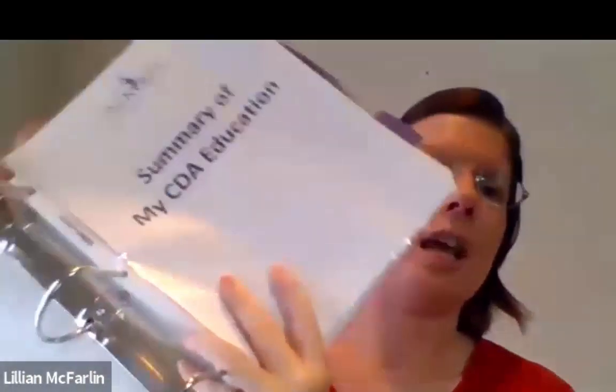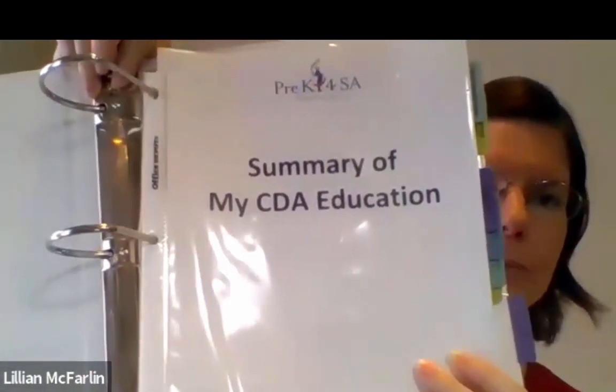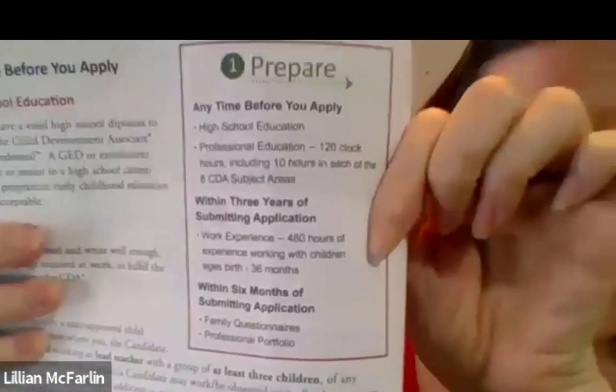No, okay, great. The second page in your binder is the summary of your CDA education page. After that, you have your high school transcript or your GED. Make a note to yourself that it's on page 10, in this little red square, what all you need to have there under the word prepare.